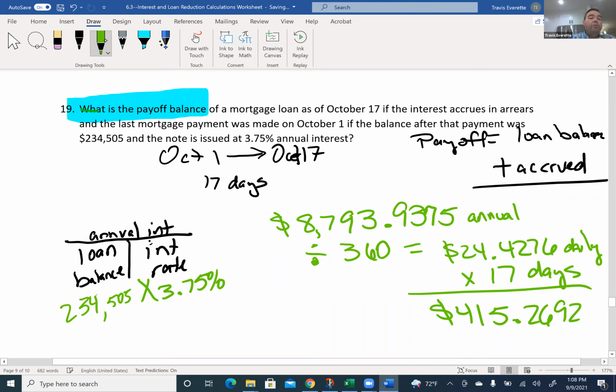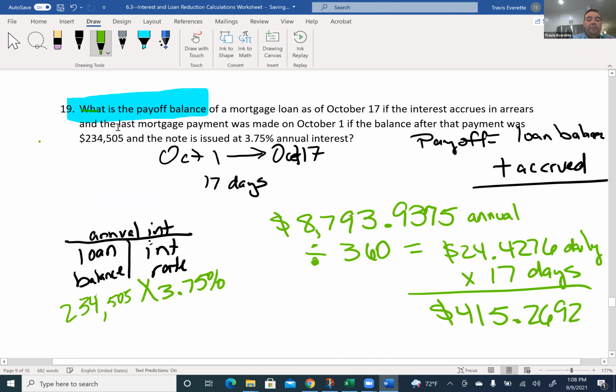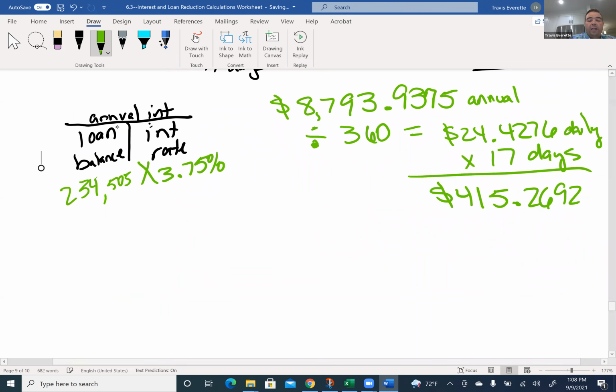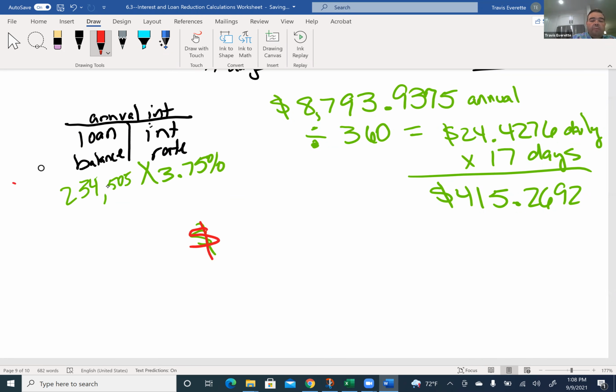So if we go back and remind ourselves, our payoff starts with my loan balance. The first number I have to pay off is my loan balance. So I'm going to start here. Let me change to a different color just to differentiate it. I'm going to start here with my loan balance of $234,505. And I'm going to add the interest that has accrued of $415.2692.